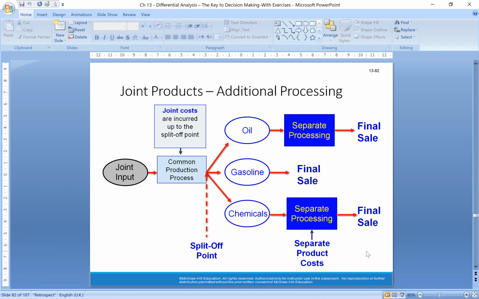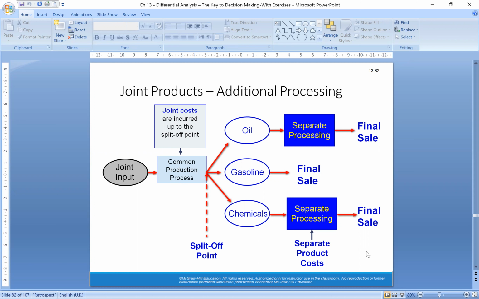If we have an advantage to process further, advantage means what? The difference between the revenues recognized and the costs recognized. We have a sales volume for the oil before processing and a sales volume after processing. So this is the difference of revenues. Compare this amount with the costs that happened in between, which is only the separate processing cost related to the oil.